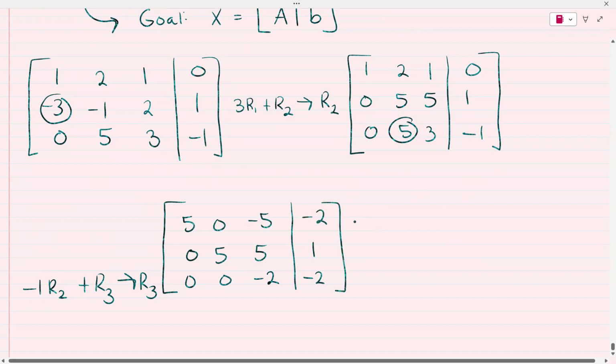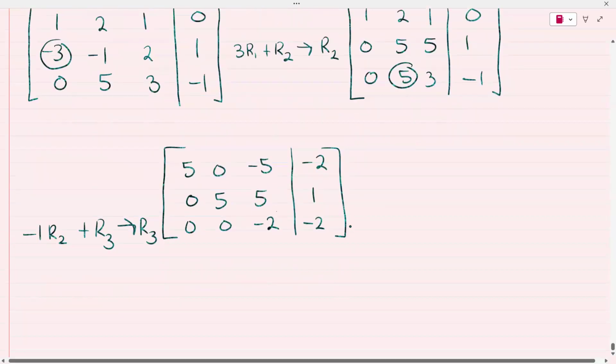Okay, and now what I would do next is get our pivots. Maybe we can make this -1 into 1 immediately. So how would I do that? I have to multiply that row by -1/2.